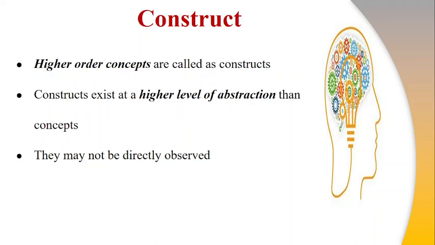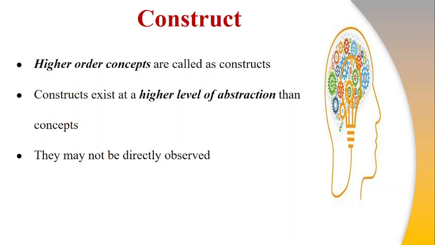Like for example, memory, knowledge, maybe the practice, or maybe the depression level, anxiety level of patients. All these words are actually a higher level of abstractness, because directly I cannot measure what is the anxiety just like I measure the weight of a person. So a higher level concept is called as a construct.